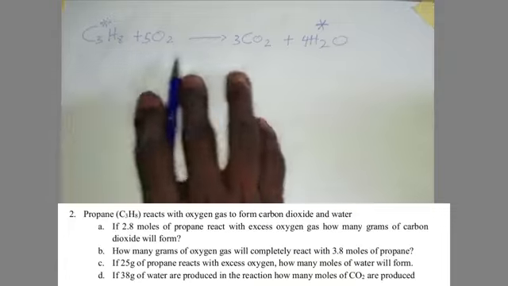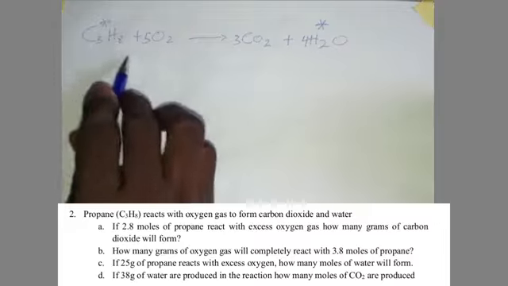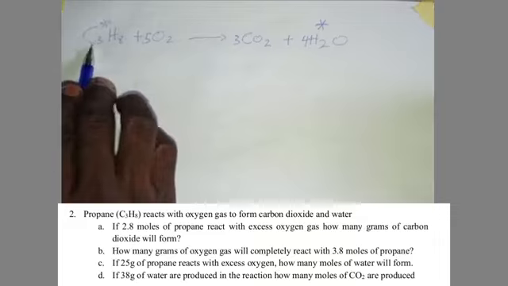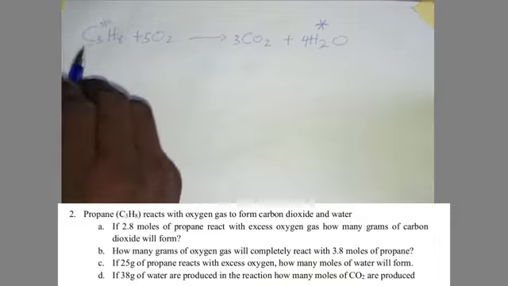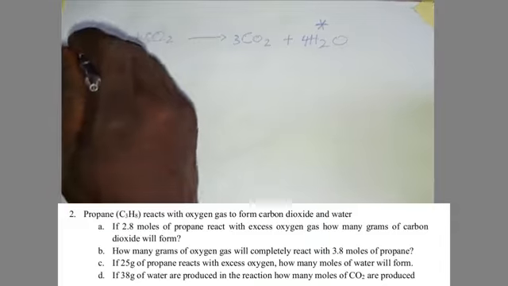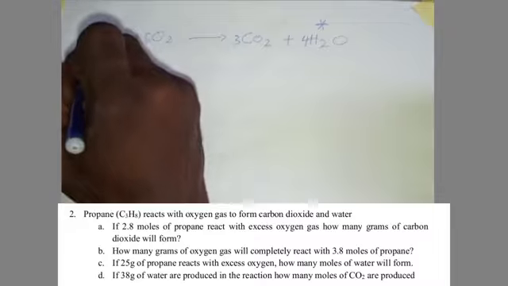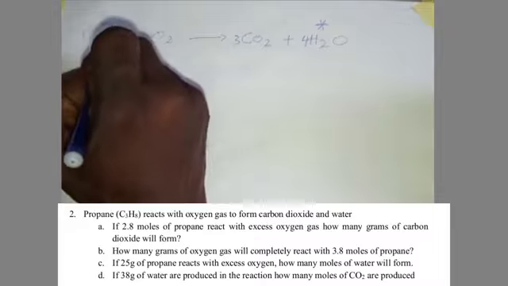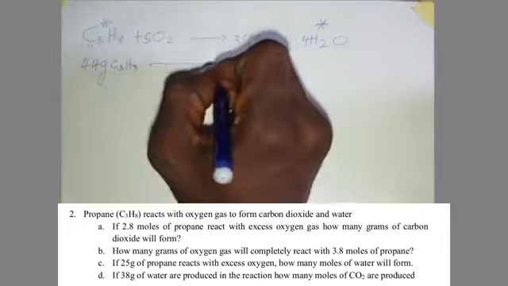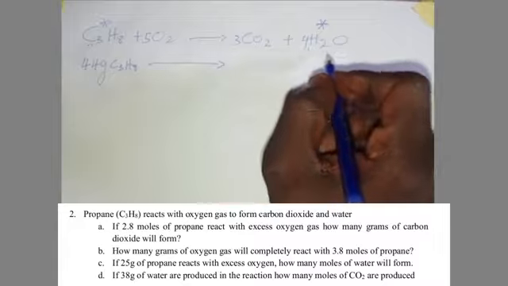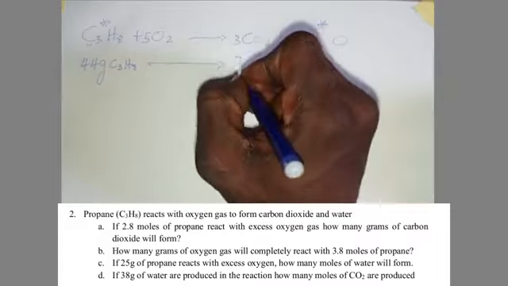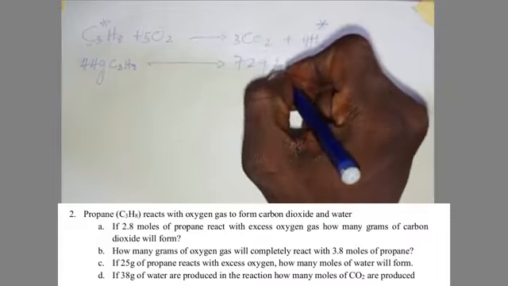So let's use the mass interpretation. From the balanced equation, what is the molecular mass for propane? Carbon is 12, so 12 times 3 gives us 36. 36 plus 8 sums up to 44 grams. So from the balanced equation, 44 grams of propane will always react to produce, the molar mass of water is 18, so 18 times 4 is 72 grams of water.